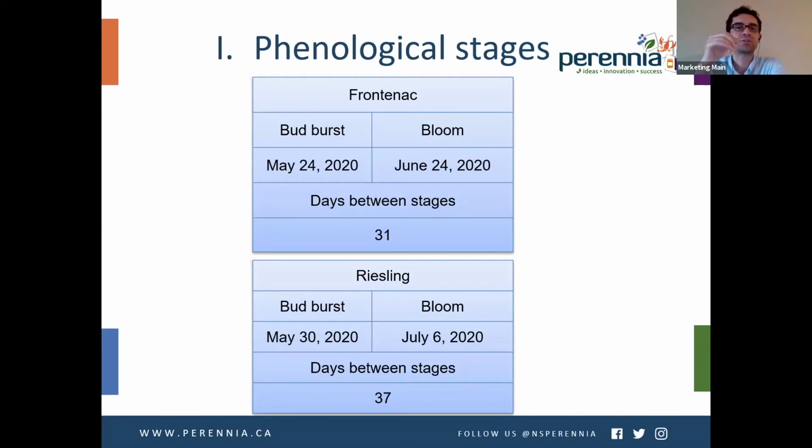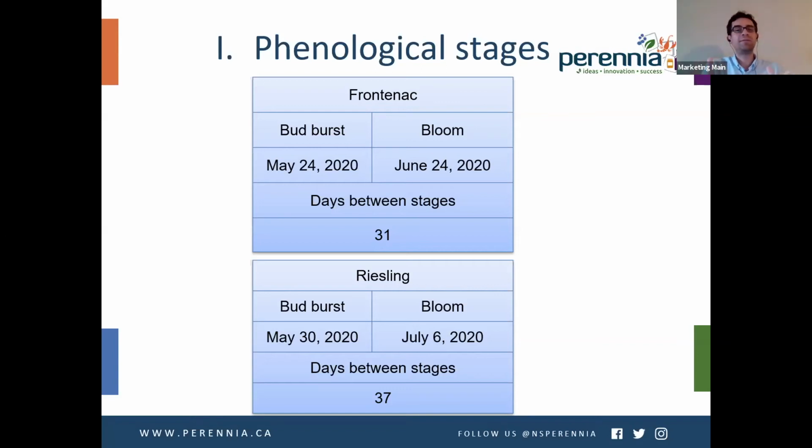I put this table to show you how it's possible to put the numbers down and compare the days between stages. Frontenac: bud burst May 24th, bloom June 24th, so 31 days between stages. Meanwhile, Riesling was bud burst on May 30 and bloom July 6, 37 days of difference.